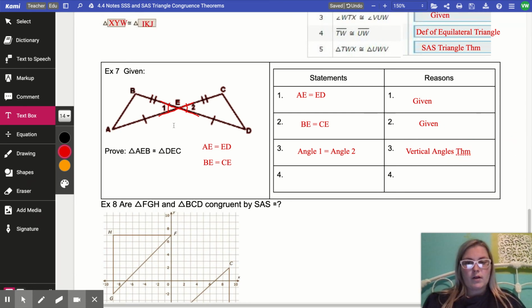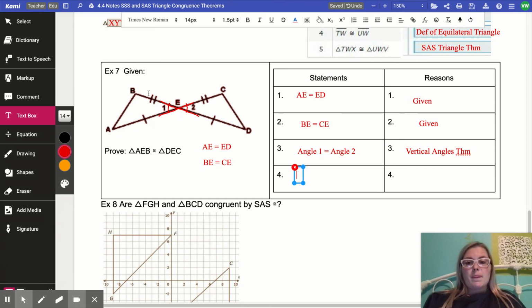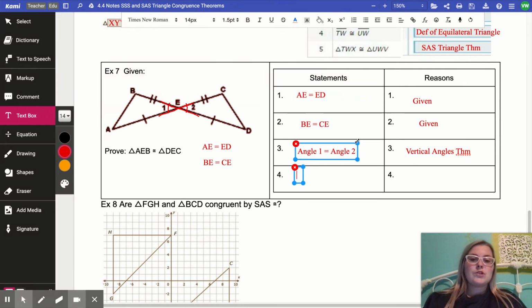Okay, so 1 and 2 are across from each other in the diagram. I can see that. But the reason I can say angle 1 is equal to angle 2 is because they're vertical angles. So now, BE is congruent to EC, AE is congruent to ED, so I have my two sides, and the angle between those two sides is also equal, so I can say the two triangles are equal by side, angle, side.